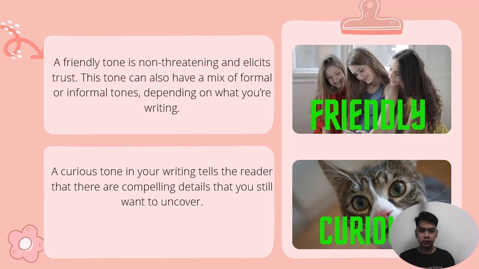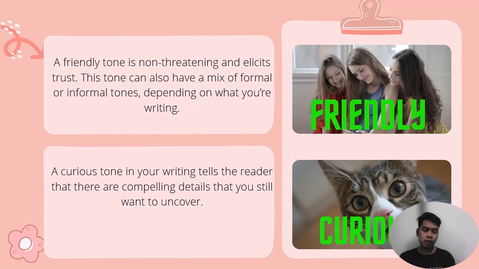Let us proceed to the next type of tone, which is friendly. A friendly tone is non-threatening and elicits trust. This tone can also have a mix of formal and informal tones depending on what you're writing. Generally, it is light-hearted and kind. In addition, exclamation points can convey warmth and enthusiasm.